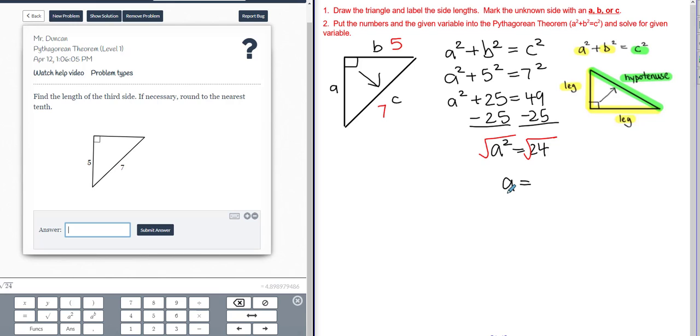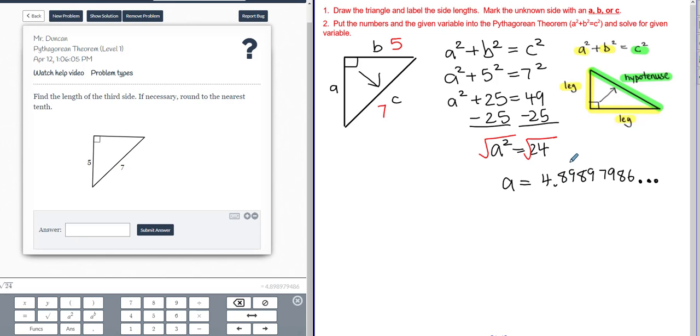So it says right here, according to Delta Math, that A is going to be equal to 4.89897986. And I will let you know, it's actually going to go on forever and ever, and it will not repeat. So this is irrational because 24 is not a perfect square.